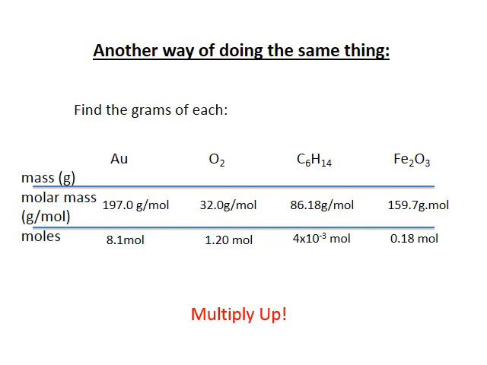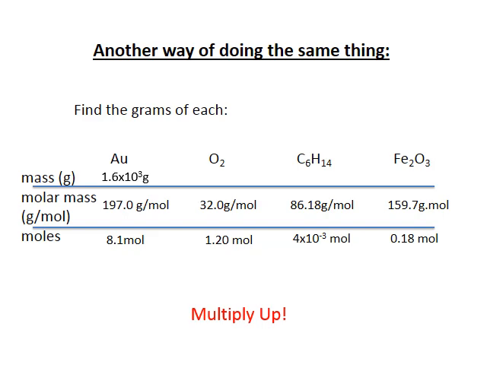So if I type in first, I've got to start at the bottom of the table, and I would type in, in the case of gold, 8.1, and then times 197. So the order that you do this is important. If you're at the top of the table, you type that number in first, and then the mathematical function to get down. In this case, we're going up the table, so we're starting with the bottom information and multiplying up.